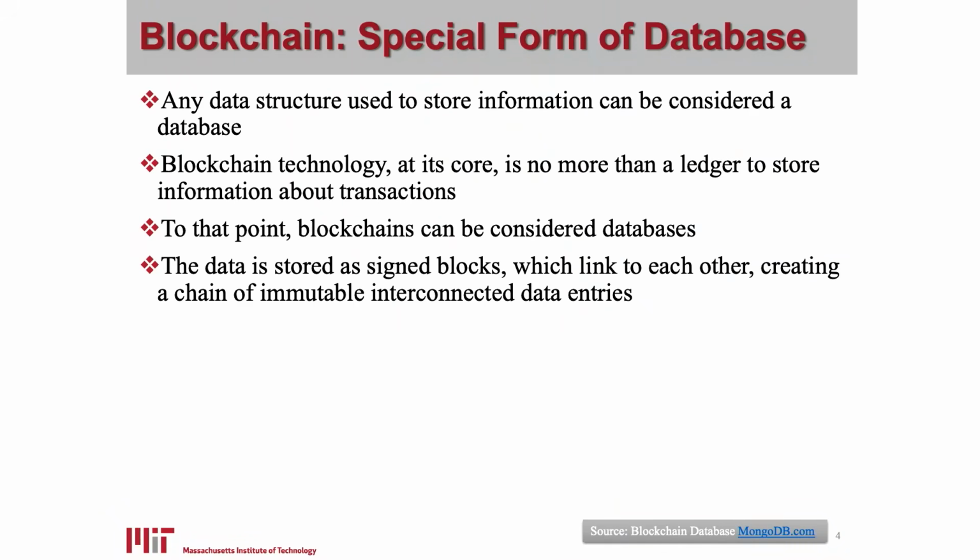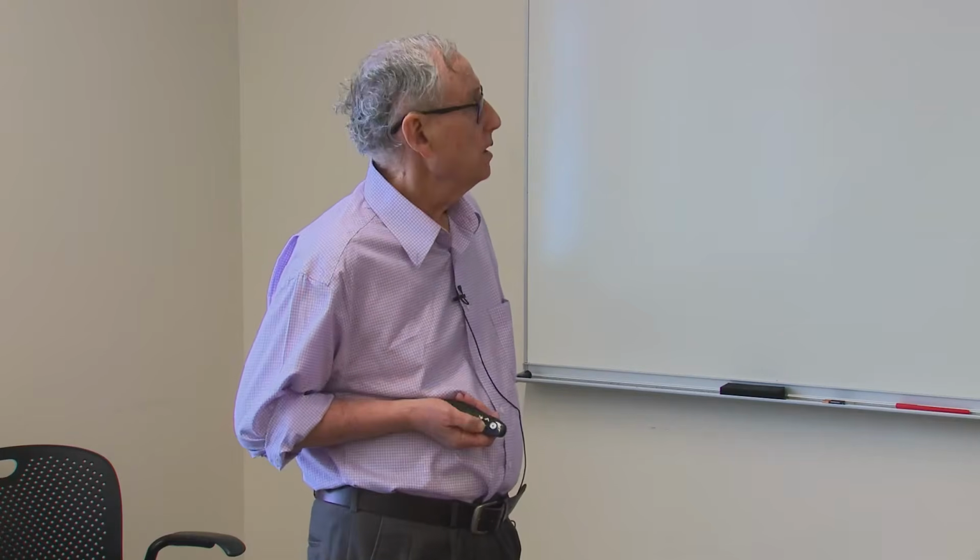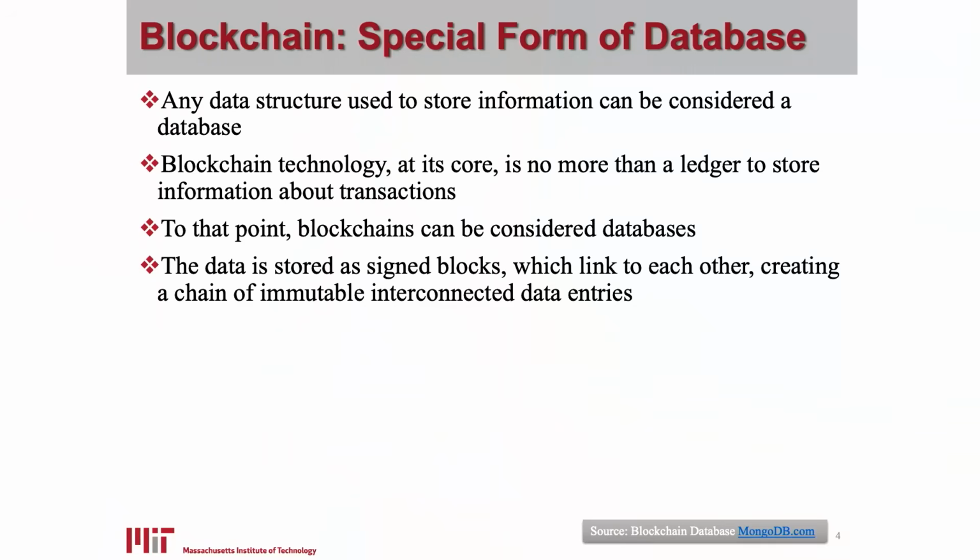Okay, so here's a definition. Any data structure used to store information can be considered a database. A blockchain technology is a ledger to store information about transactions. So those are the objects in the database, and hence a blockchain can be considered to be a database.